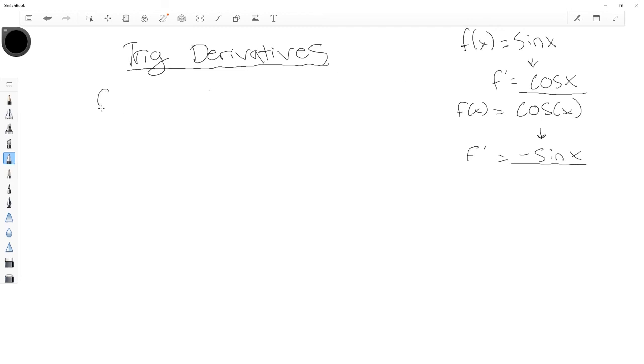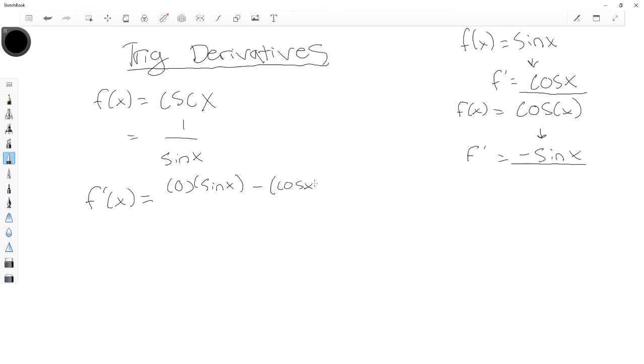Now I'm going to do the derivative of cosecant. So we can break this up into 1 over sine. Then again use the quotient rule. So the derivative of the top, which is 0, times the bottom, minus the derivative of the bottom times the top, all over the bottom squared.